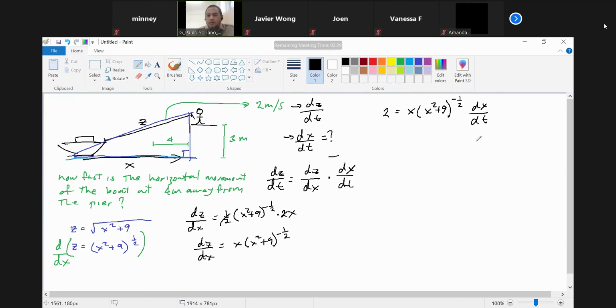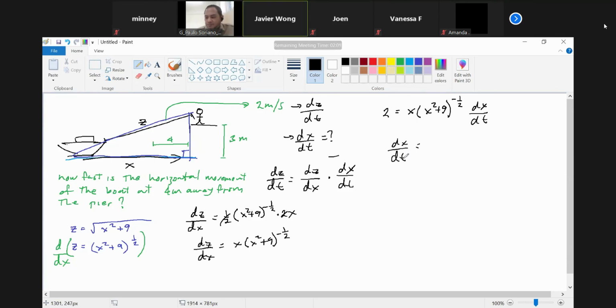Okay, next step, to find dx/dt, we divide both sides by x times (x squared plus 9) raised to the power of negative 1/2. And then we insert 4. What will be your dx/dt?